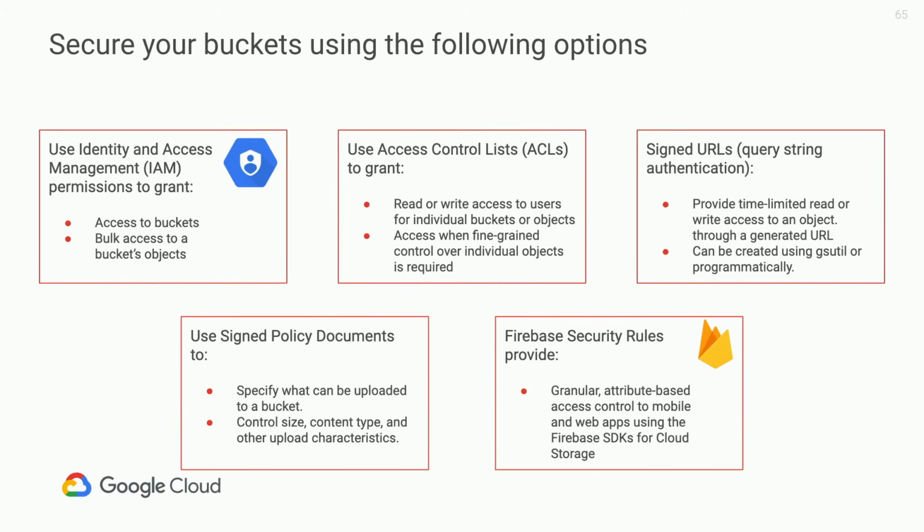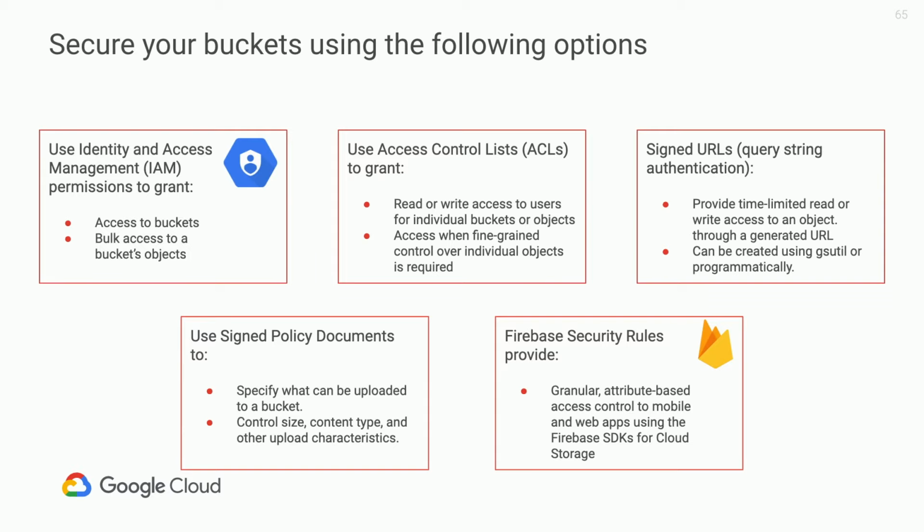Finally, let's take a look at how you can control access to your Google Cloud Storage buckets and objects. There are 5 ways to do so. First, you can use Cloud IAM. Cloud IAM stands for Identity and Access Management.